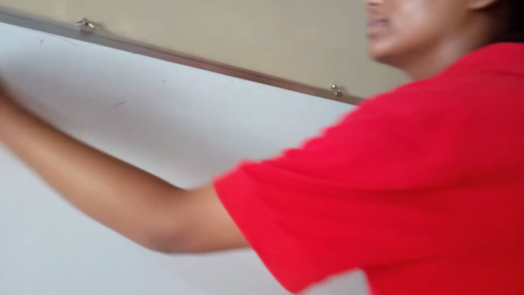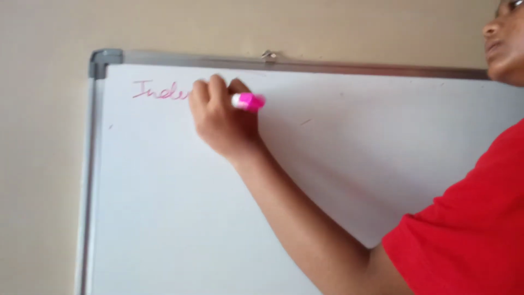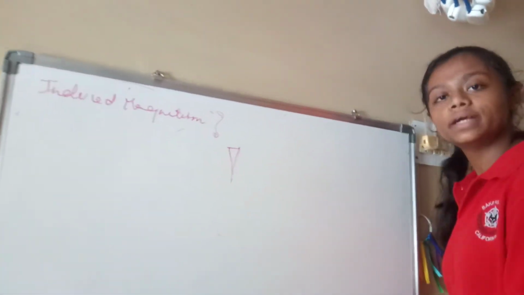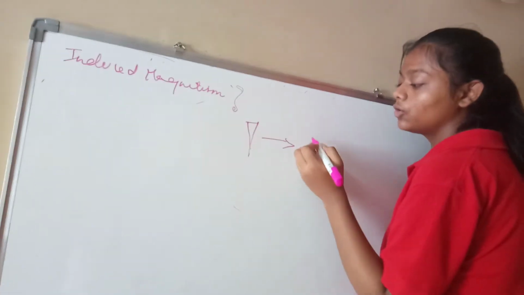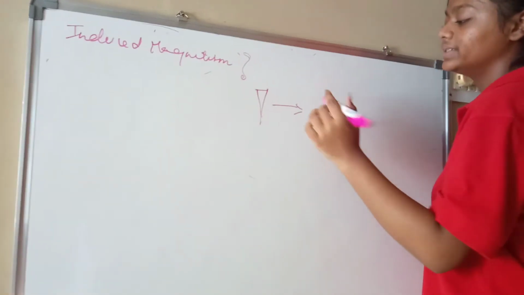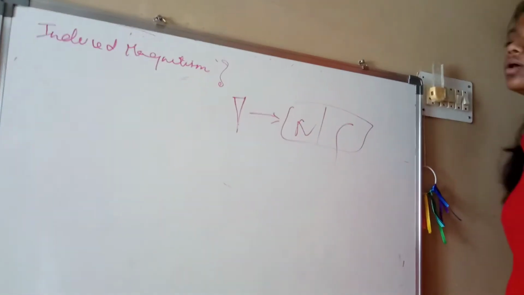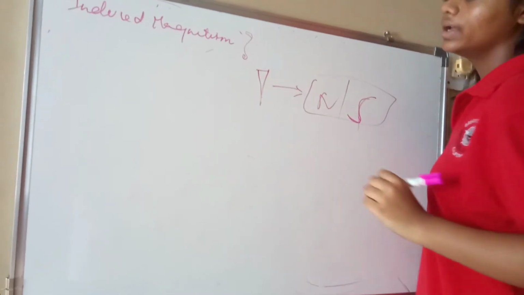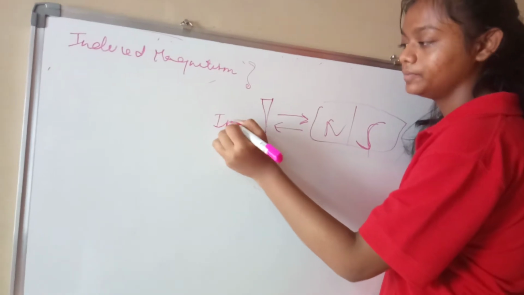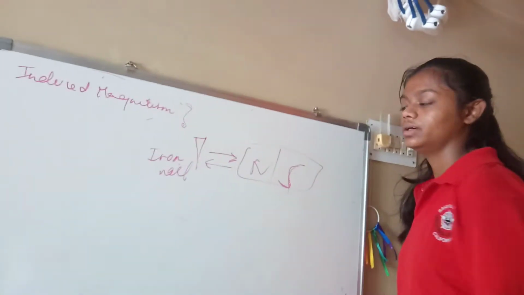Okay? Now, induced magnetism. What is induced magnetism? If you bring a magnetic material near a magnet, this is a horseshoe magnet, let me be more precise, it will attract each other. This is an iron nail. It will attract each other. Yes?